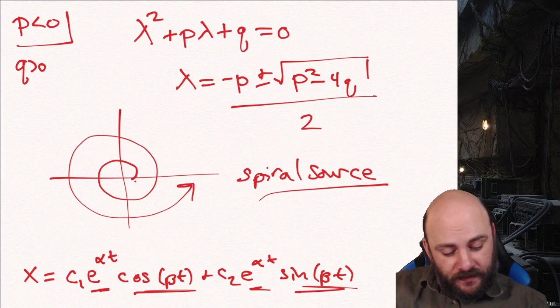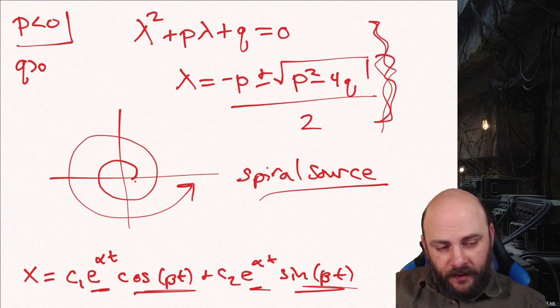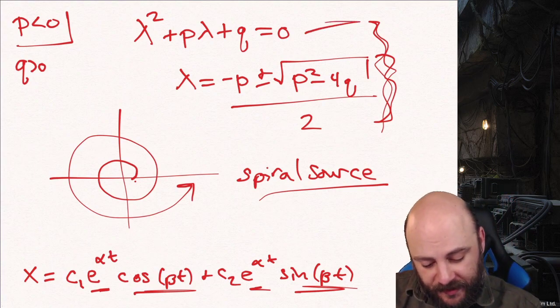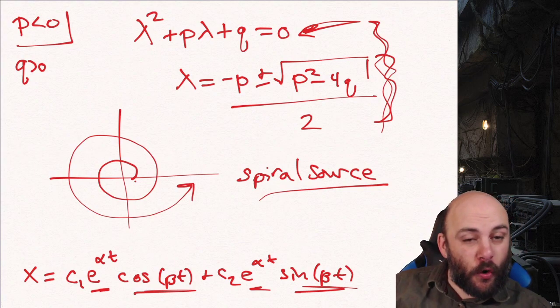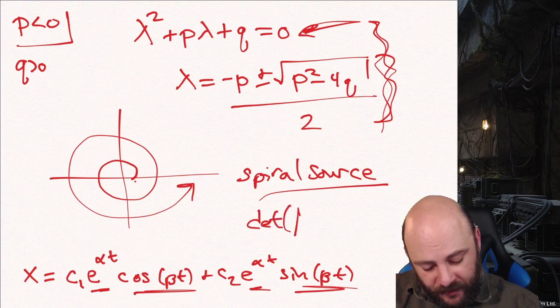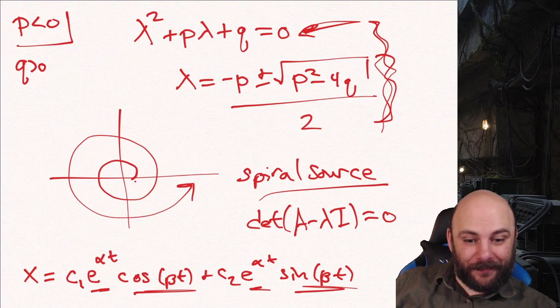Savvy? What's interesting here is that this calculation is the exact same whether it comes from the characteristic polynomial of the second order differential equation or from solving the determinant of A minus lambda I equals 0 from the eigenvalue problem.